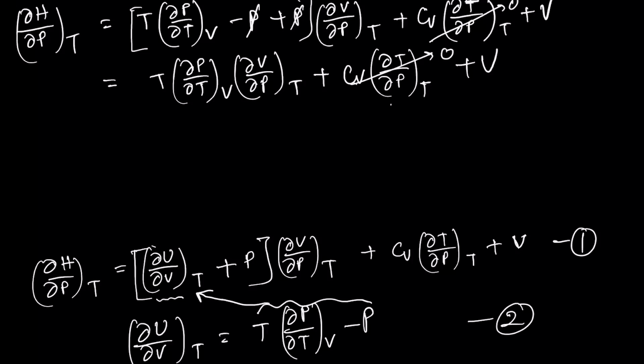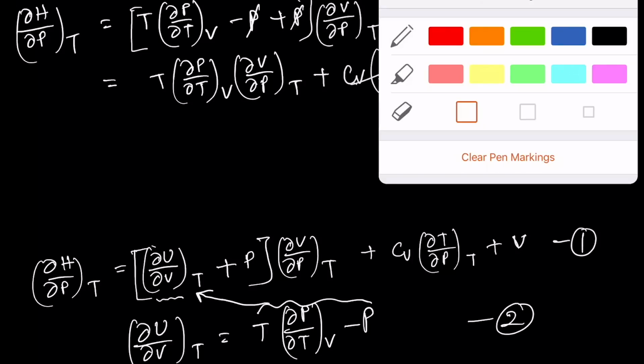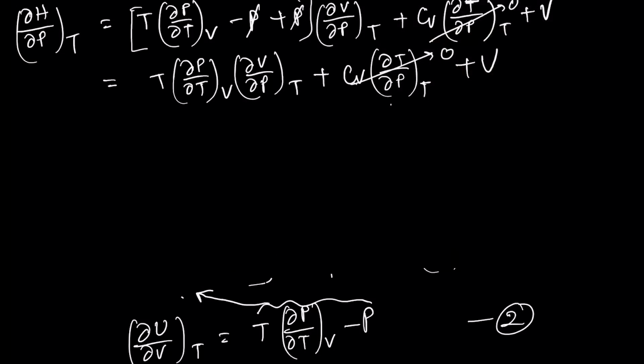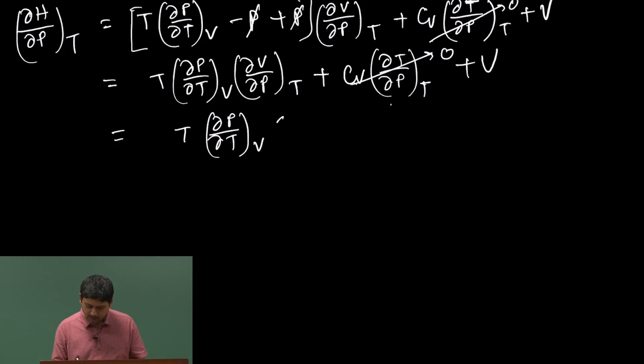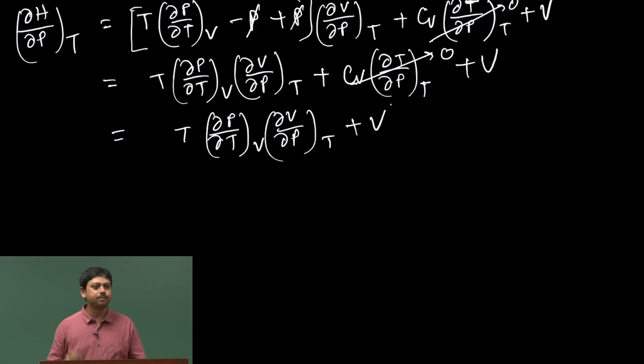You understand? So now I have this, and I can delete this portion. I now have more or less a handle on the situation. It is giving me T del P by del T at constant V, del V by del P at constant T, plus V. A nice looking small expression.